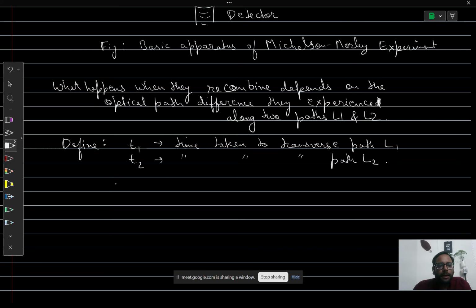And define this delta T as the difference T2 minus T1. And C delta T, we will call it the optical path difference.